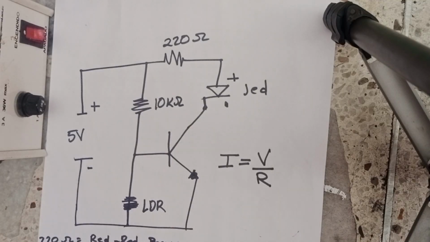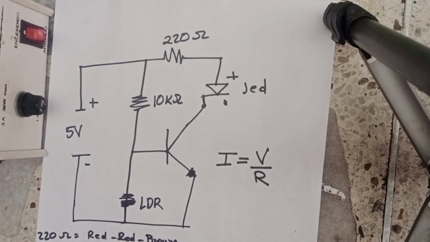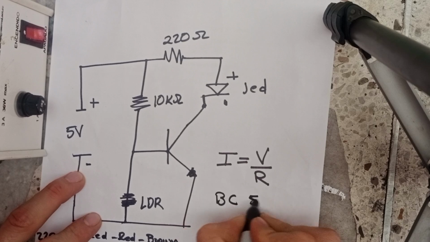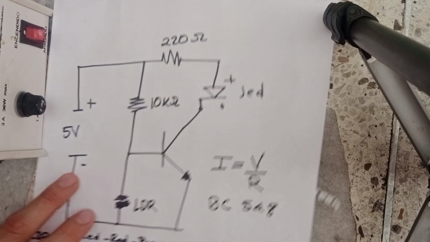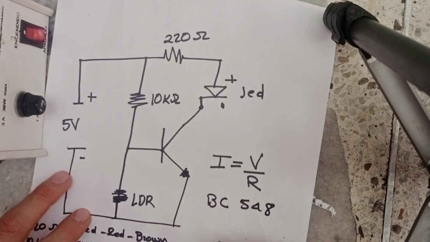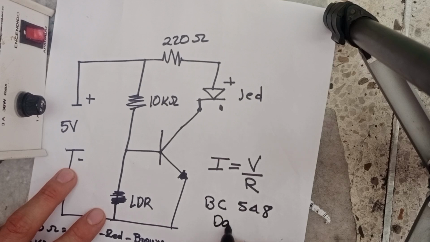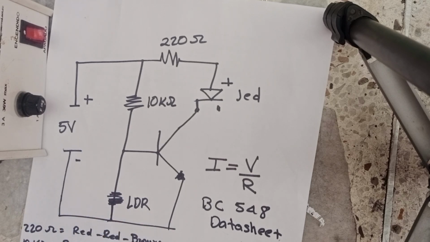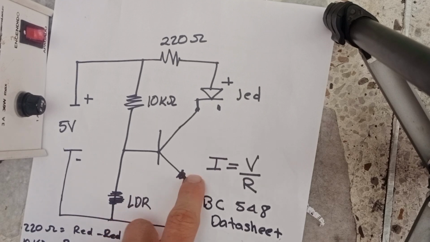So here we have the circuit diagram, right? The circuit diagram is pretty easy to understand. This is the BC548. You've got to recall the data sheet, right? The data sheet is the public document where you can find all the features and all the information related to this component. Now here we have this LED.